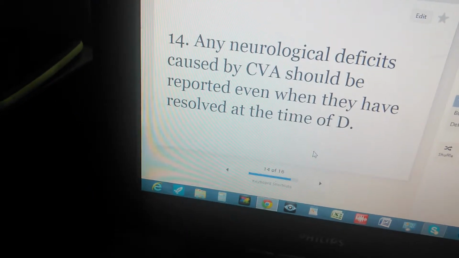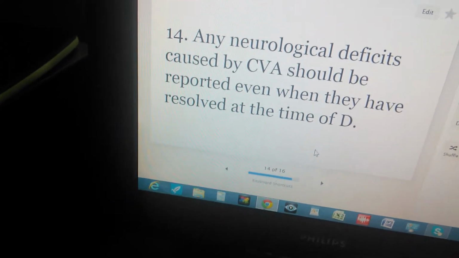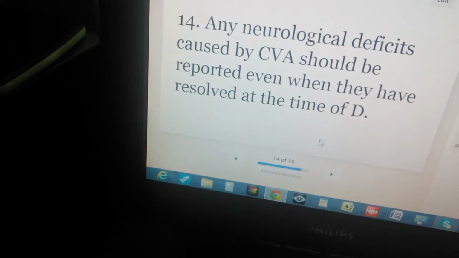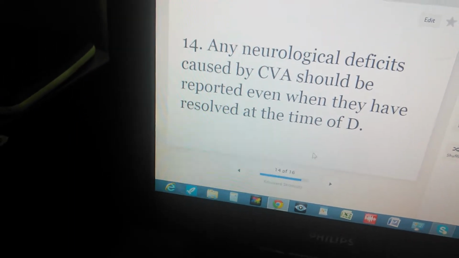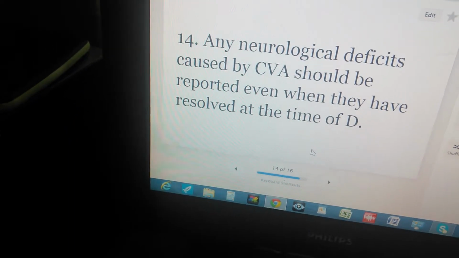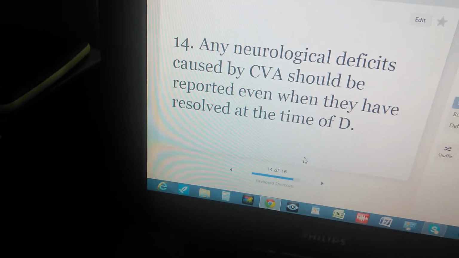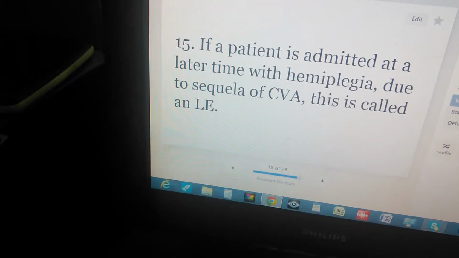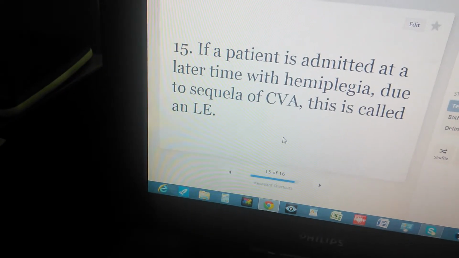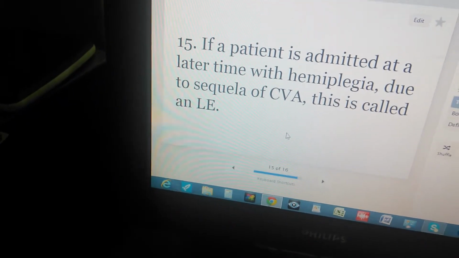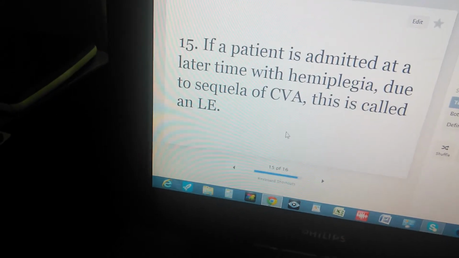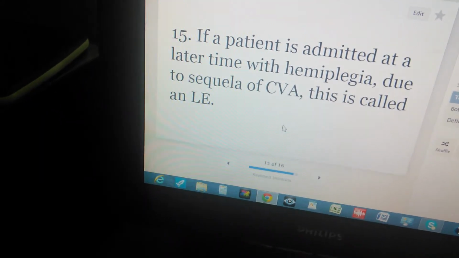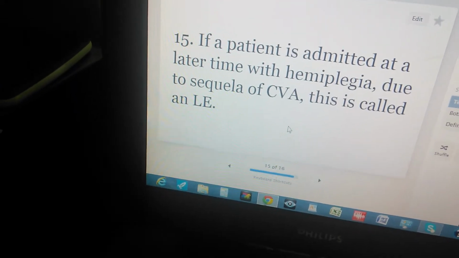14. Any neurological deficits caused by CVA, cerebrovascular accident, should be reported even when they have resolved at the time of D. Discharge. 15. If a patient is admitted at a later time with hemiplegia due to sequela of CVA, this is called an LE.